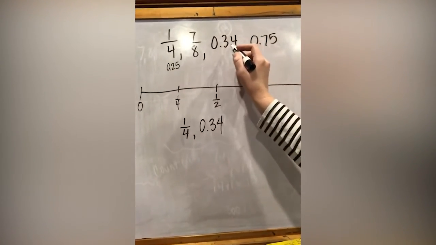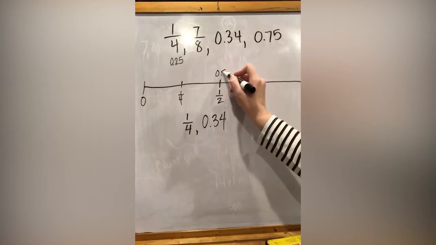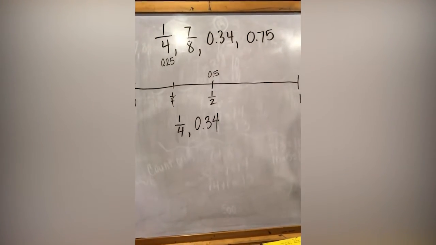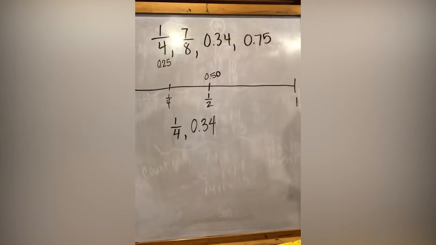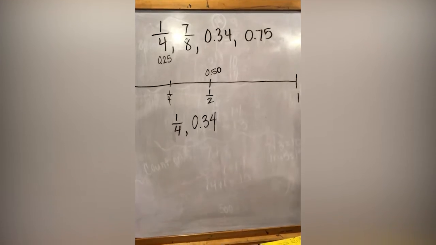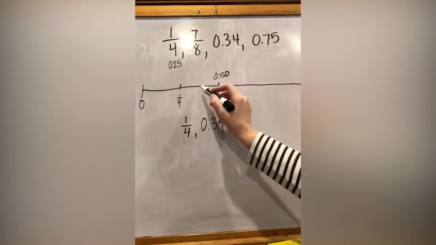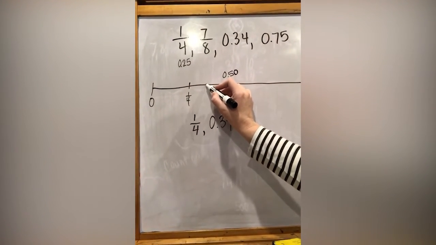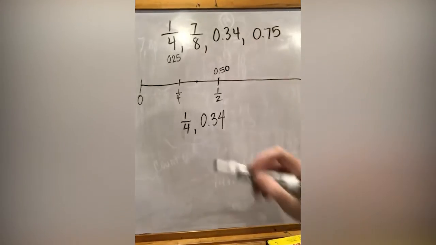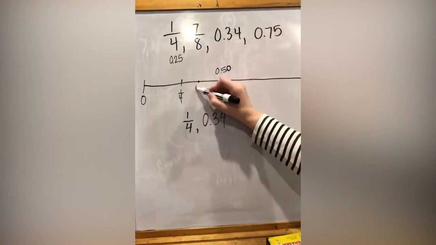0 and 34 hundredths is less than half, because I know that 1/2 is equal to 5/10. Or if you want to look at it in terms of hundredths, we know that's equivalent to 50 hundredths. So I know that my 34 hundredths is going to be less than that. So I'm thinking it's going to be really more over here somewhere, and I'm going to say that's going to be my next smallest.